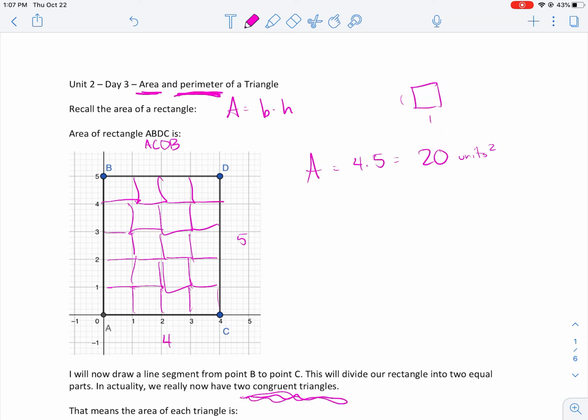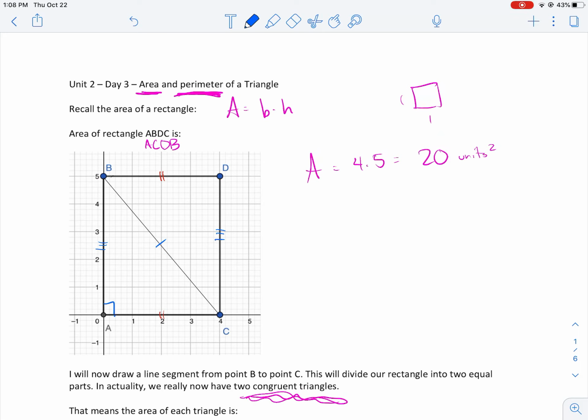When we get to the triangle units, I'll emphasize this part more, but when I say I have 2 congruent triangles, that means all of the angles are the same, and all of the sides are the same. So this side is congruent to this side. This side is congruent to this side, and they both share that one side, so that's obviously congruent to both.